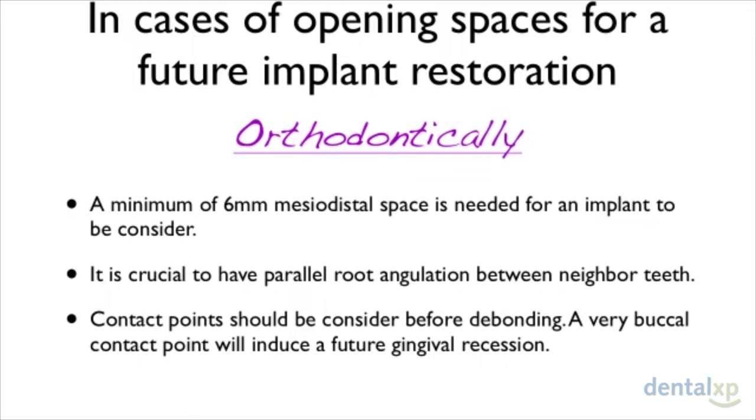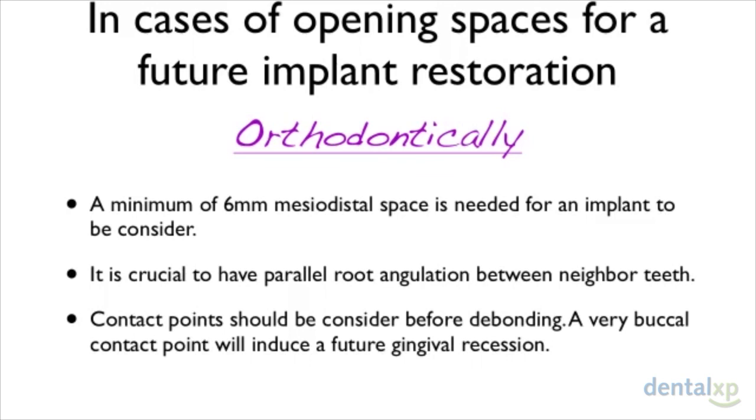Some points we should never miss. If we are planning to open a space for a future implant, we should remember, orthodontically, to have a minimum of 6 millimeters mesiodistal space for an implant to be considered. Number 2, it is crucial to have parallel root angulation between the neighbor teeth.